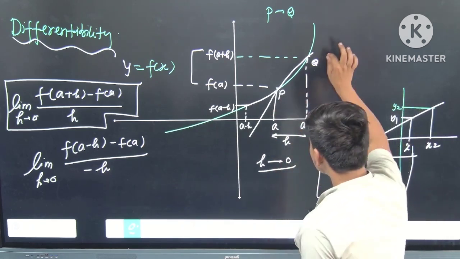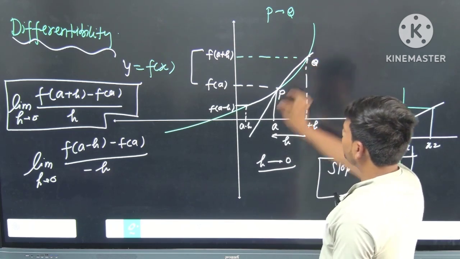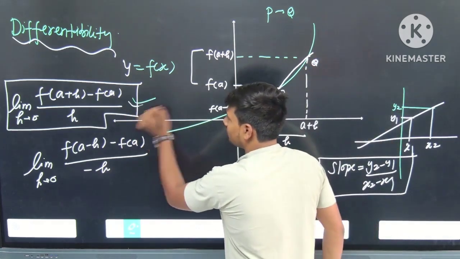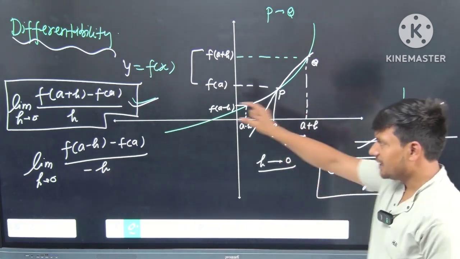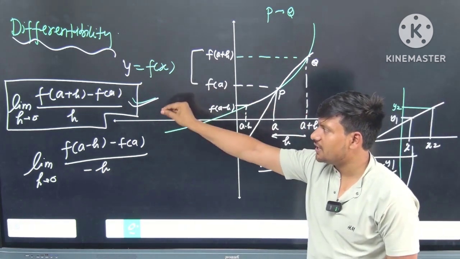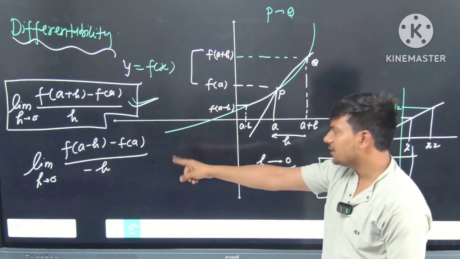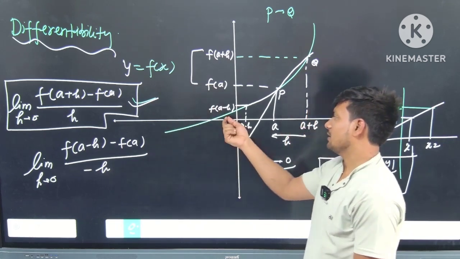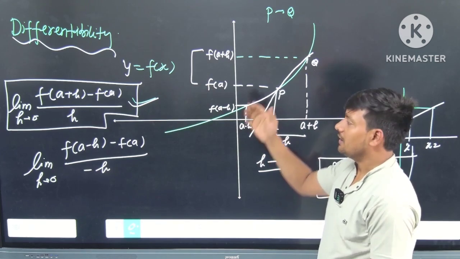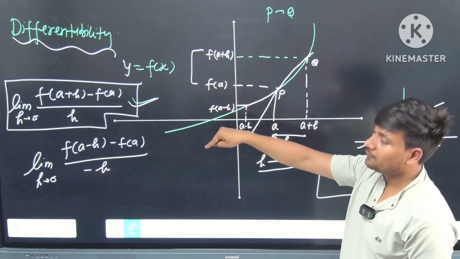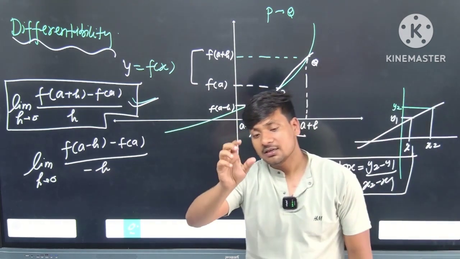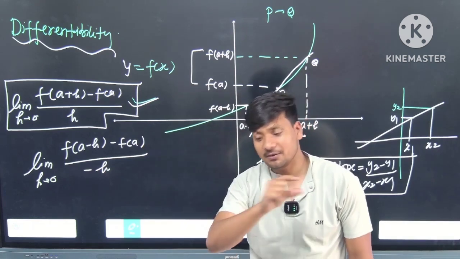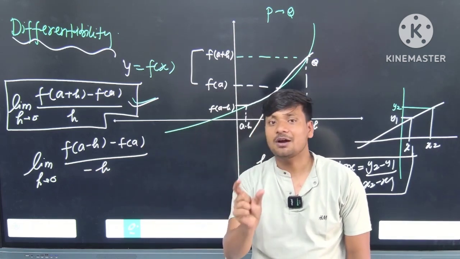This will give the slope of the tangent line approaching from the right, and this will give the slope of the tangent line approaching from the left. If both are equal, then both denote the same slope. That is, the slope of the left tangent and the slope of the right tangent will be the same, and that is the concept of a unique tangent.